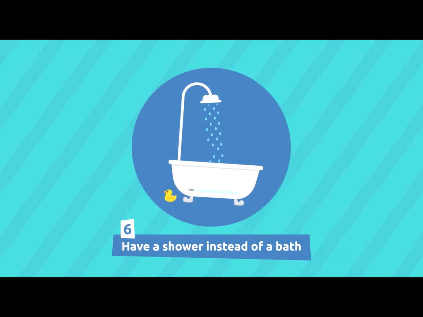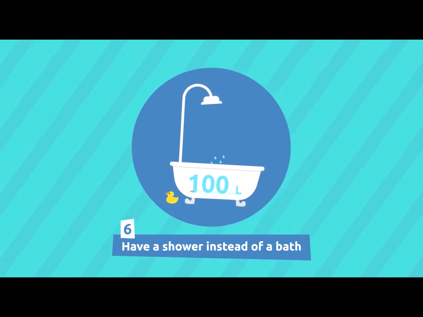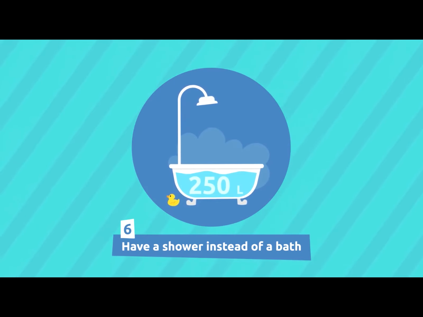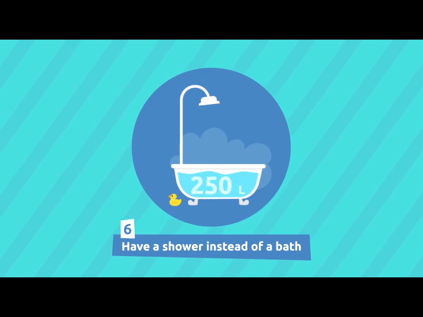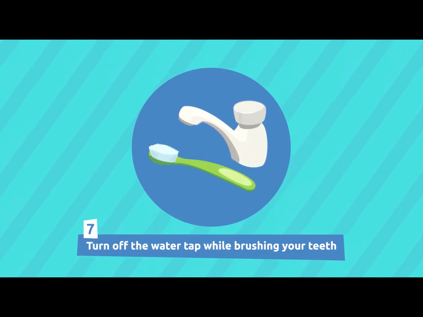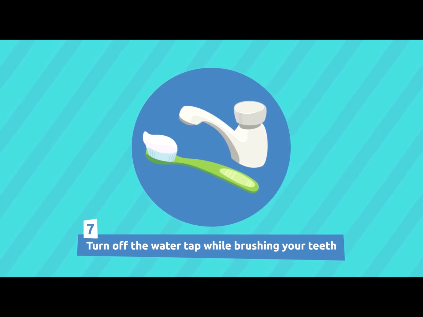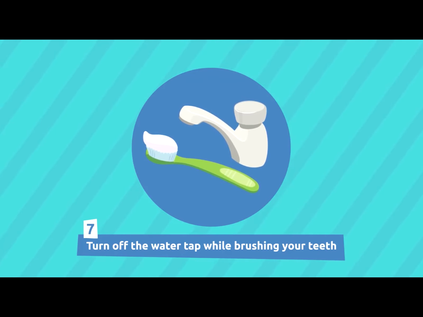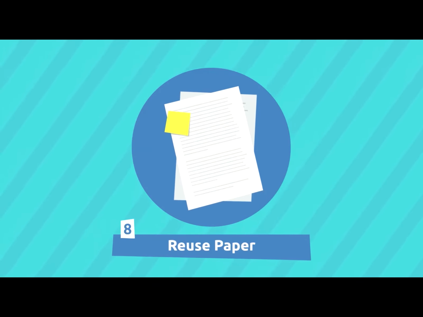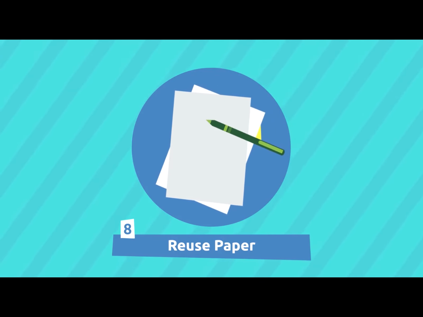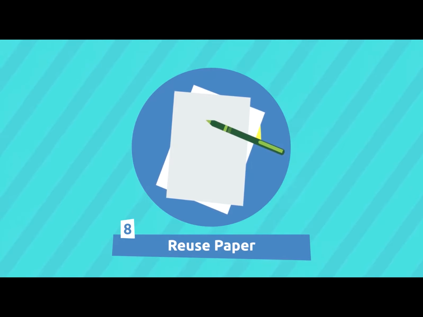A 5-minute shower uses about 100 liters of water, while a full bath would use up to 250 liters. Turn off the water tap while brushing your teeth. If you didn't shut off the faucet, you would waste an average of 20 liters every time you brushed your teeth. Reuse paper. For example, remember that you can write on both sides of the sheet to maximize its use.